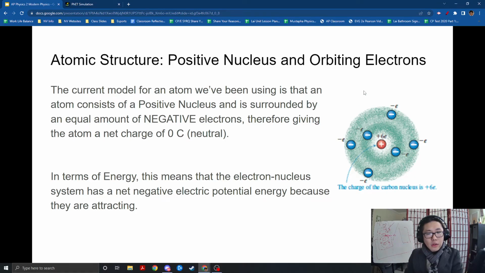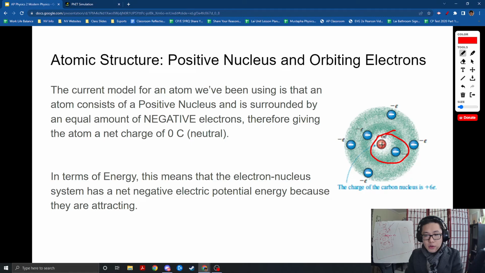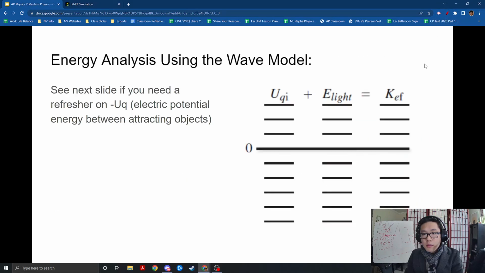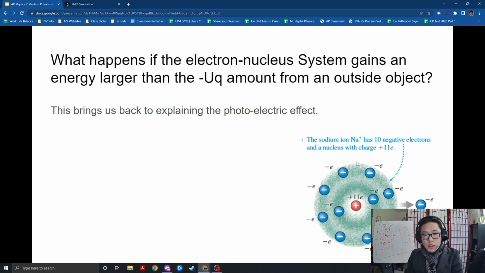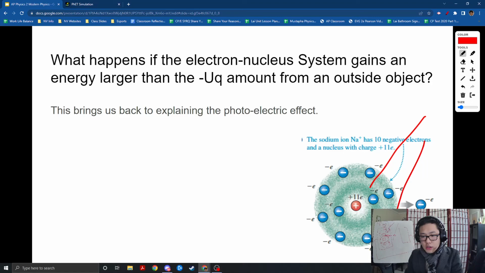All right, so how does this apply to the photoelectric effect? Ultimately, we want to know the negative UQ is once again relating to how these electrons are bound to the nucleus. So if we keep going, if we're able to actually provide energy from the light, so for example, when that light shines here, this is my flashlight.